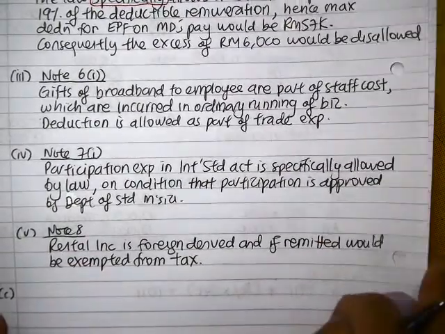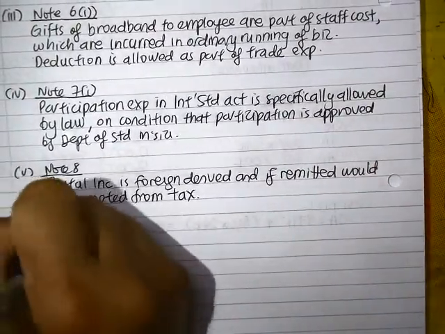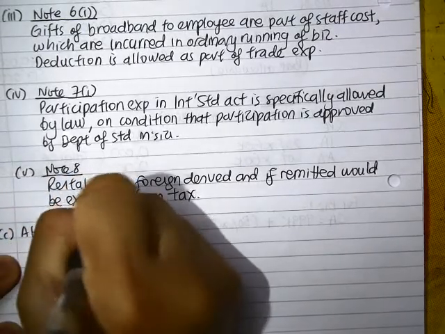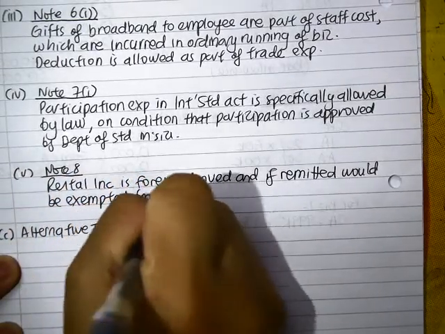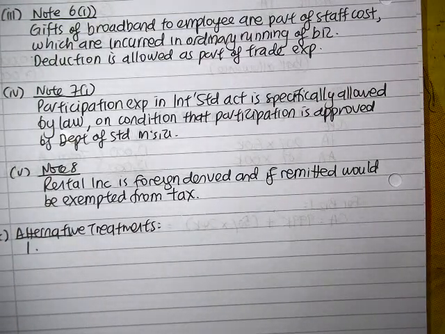So the 100,000, where do you claim? Where do you claim the 100,000? Huh? Where? After the adjusted, before the statutory. After PBT, before adjusted, is after gross income.